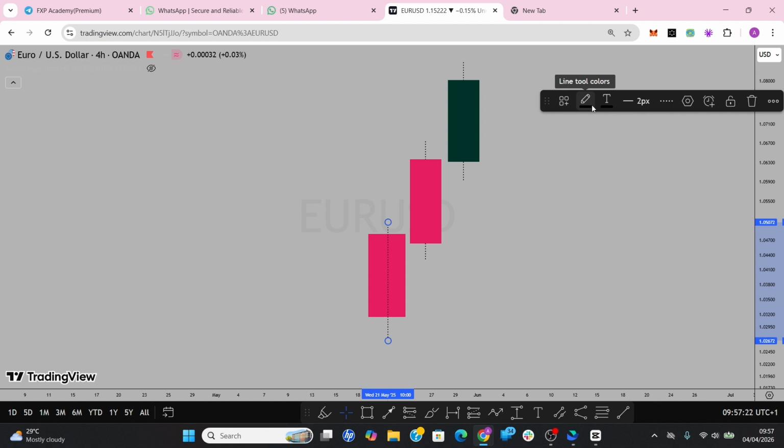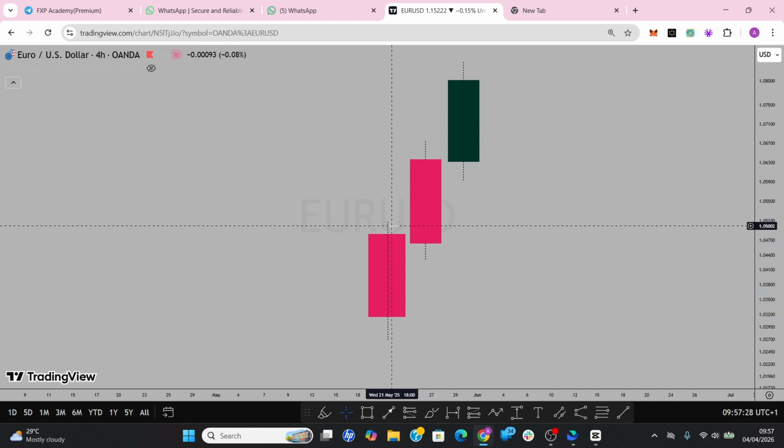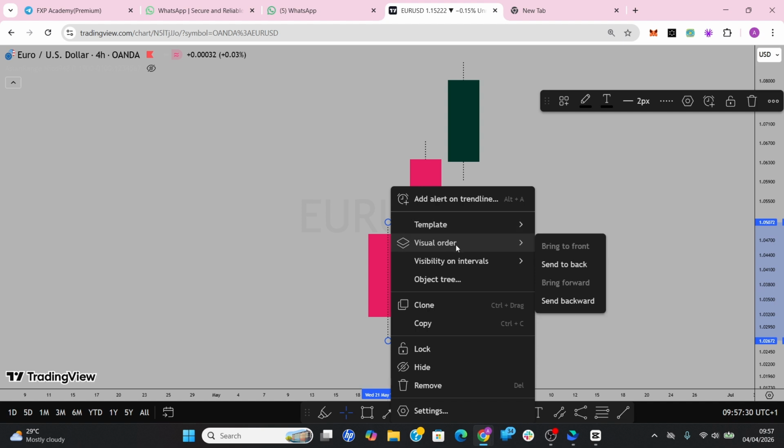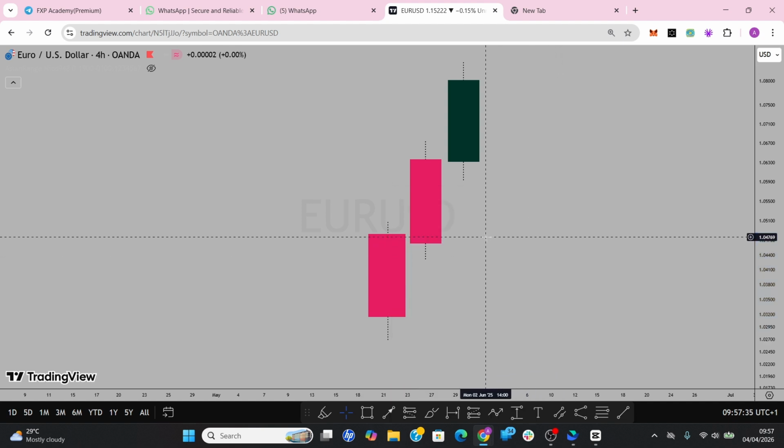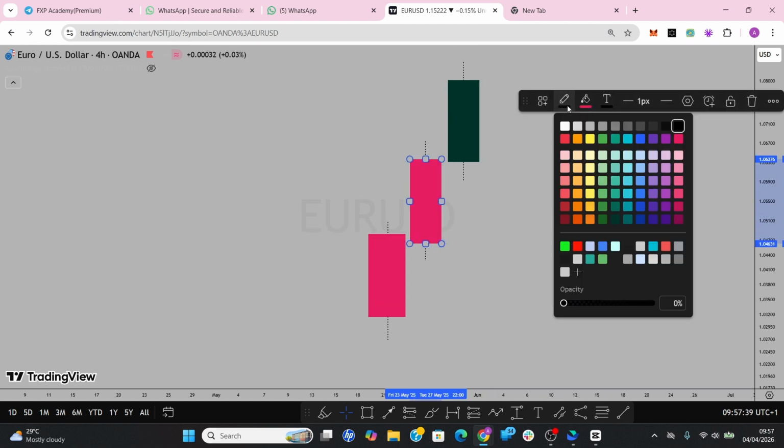So for context, I'm going to change all of them to green candles, since we are moving towards the upside.